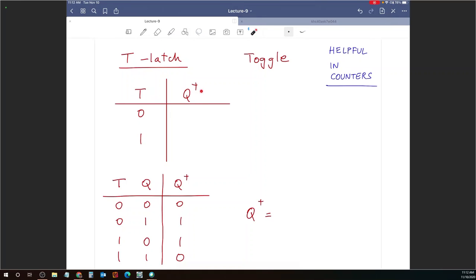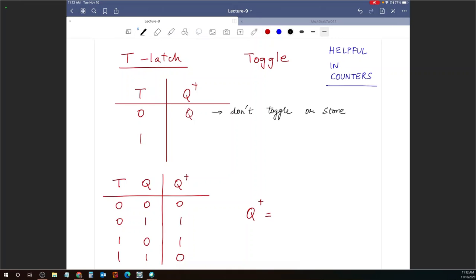But I'm representing over here the current state, Q plus, and my previous state was Q. So when T is 0, don't toggle, meaning Q plus equals Q. In other words, store it.